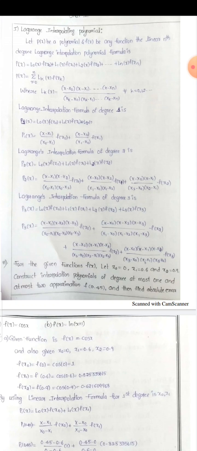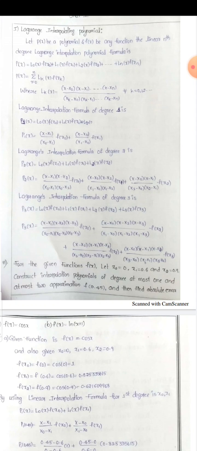P of x is equal to summation k is equal to 0 to n Lk of x f of xk, where Lk of x is equal to (x minus x0) into (x minus x1) so on (x minus xn) by (xk minus x0) (xk minus x1) so on (xk minus xn), for all k is equal to 0, 1, 2, 3, so on.